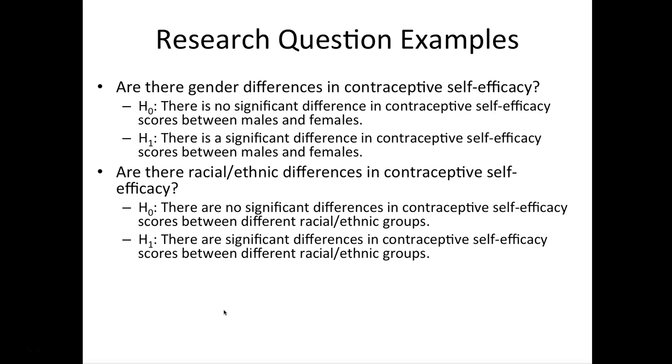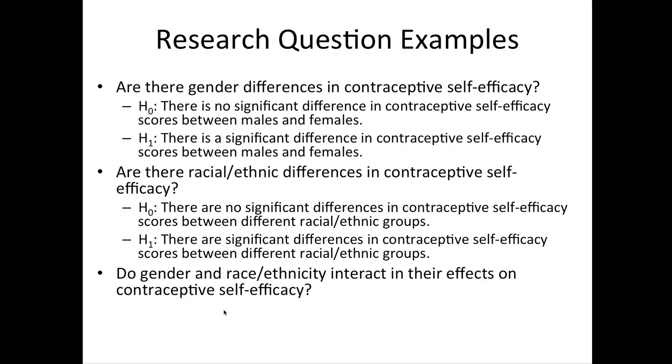And so with the factorial ANOVA, we can still ask those two main effect questions. Those are the main effects of gender and race and ethnicity. But we can also ask this interaction question. Do gender and race or ethnicity interact in their effects on contraceptive self-efficacy?